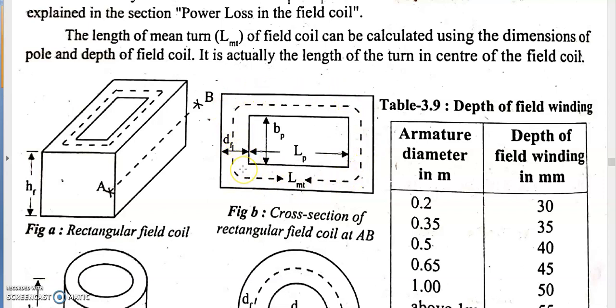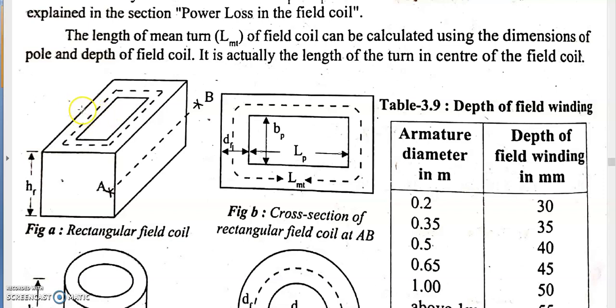In the field coil dimensions we are going to calculate the length of mean turn of the field winding. So this is the inner field turn and this is the outer field turn, and this LMT is the length of mean turn of the field coil. This is one of the dimensions we have to calculate, and the other two dimensions are the height of the field winding and the depth of the field winding.